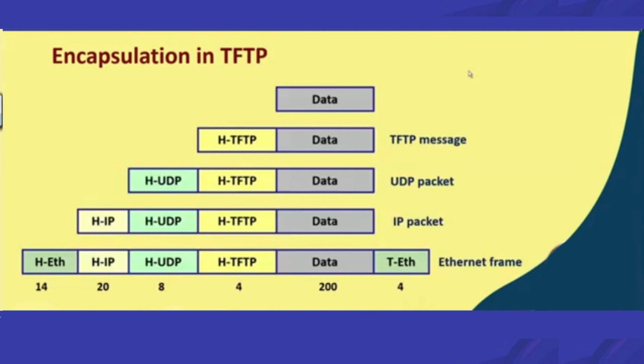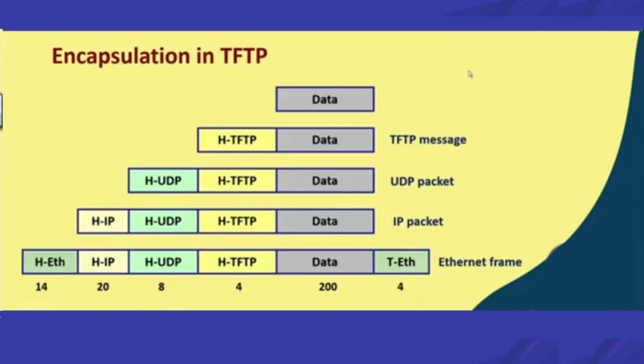So, when it goes to the TFTP application, the TFTP application appends a header. This is a header of TFTP, which is 4 bytes. This is the data which the TFTP application generates. It sends it down to the transport layer, to UDP. TFTP uses UDP, does not use TCP. That is why it comes to the UDP layer. Now, the UDP header is 8 bytes, this we shall see later.